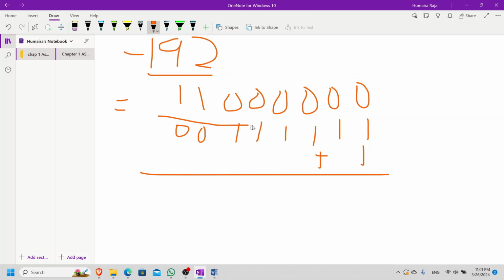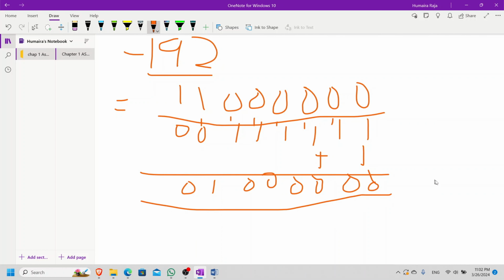So you add 1 plus 1: the sum is 0, carry is 1, and this continues, sum again 0, again 0, carry is 1, then 1, 1 and 0. So this is our 2's complement value of which number? Minus 192.